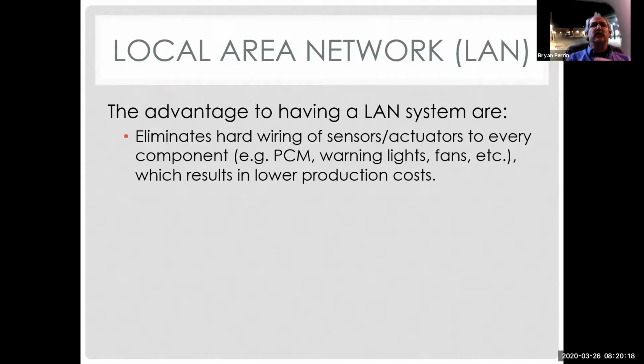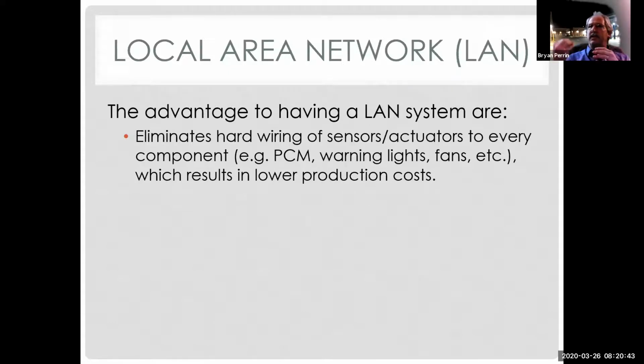This eliminates hardwiring of sensors and actuators to every component, such as the PCM, the warning lights, fans, et cetera, which results in lower production costs. Where I used to run a sensor all the way from my fuel tank up to my instrument cluster to control a mechanical gauge like we learned yesterday, now I might put a module back in my trunk.